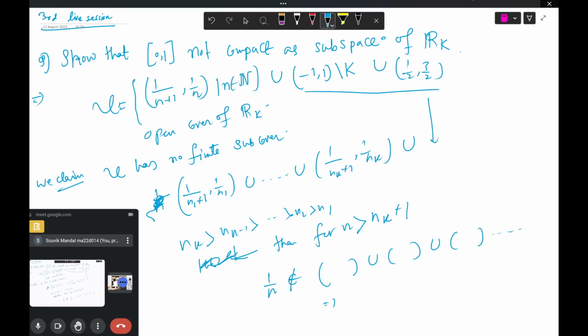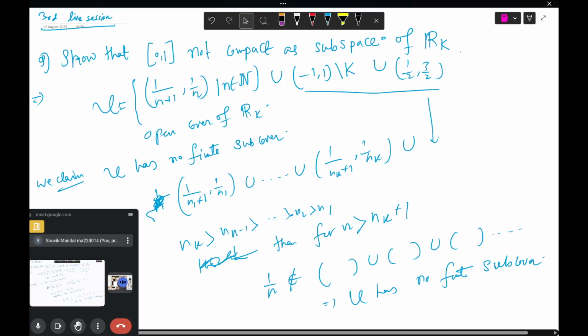So this open cover has no finite subcover. So the closed interval is not a compact subspace of R with the K topology.